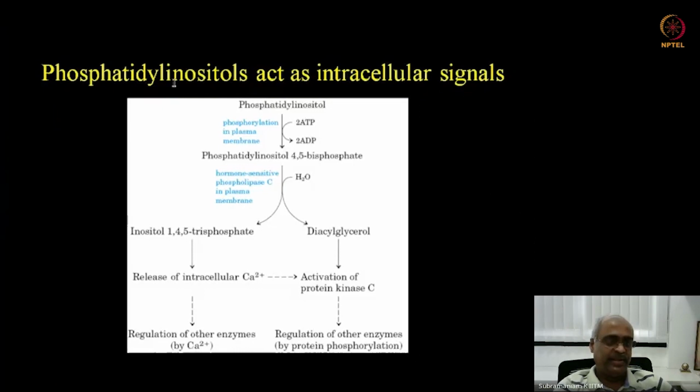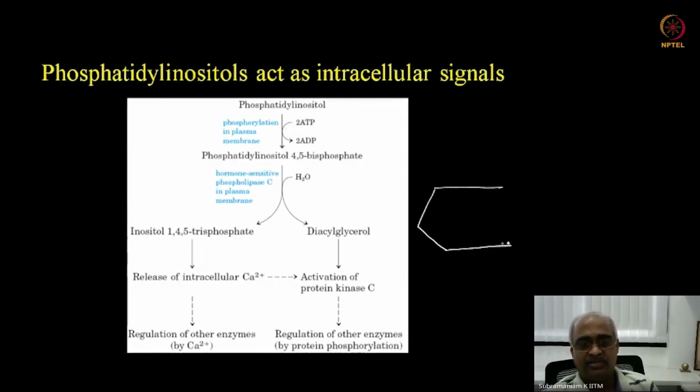Okay, phosphatidylinositol. We know phosphatidic acid, right? Glycerol having 2 acyl groups, and the third alcohol group has phosphate, and that is phosphatidic acid. If that phosphate has this sugar alcohol inositol attached, so it is like glucose structure.